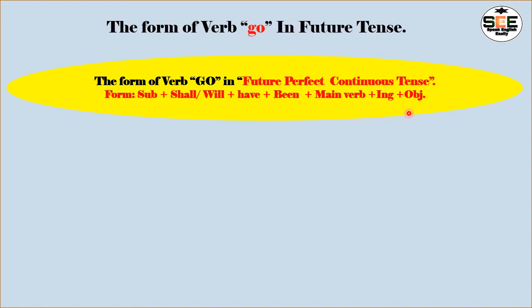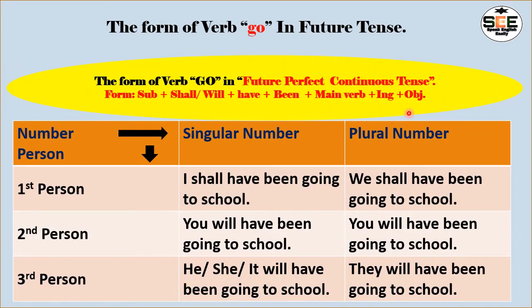Let's start and understand the table. Here in this table, this arrow marking indicates the number, singular number and plural number, and this downwards arrow marking indicates person: first person, second person, and third person. So in the first line, first person singular number, I shall have been going to school.